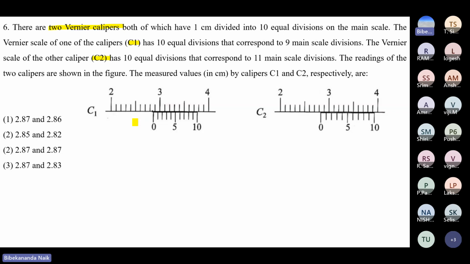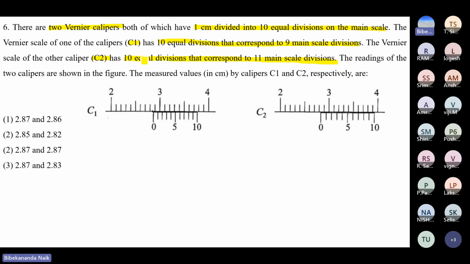In both cases, C1 and C2, 1 centimeter of the main scale is divided into 10 equal divisions, but the difference lies in the vernier scale divisions. In case of C1, 10 divisions of the vernier scale correspond to 9 main scale divisions, but in case of C2, 10 divisions of the vernier scale correspond to 11 main scale divisions. So there is the difference.